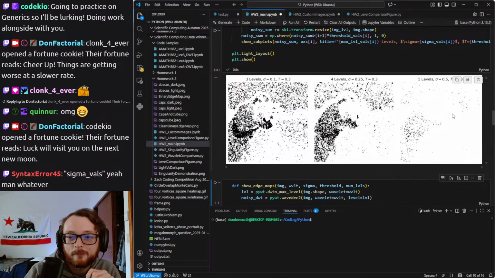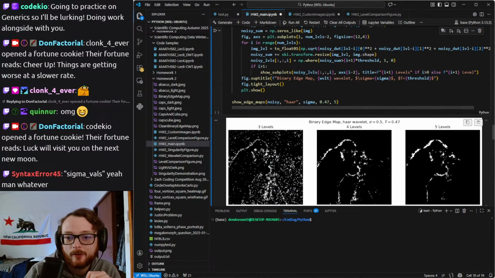Okay, theoretically, this 5 levels one should look the exact same as this one down here.